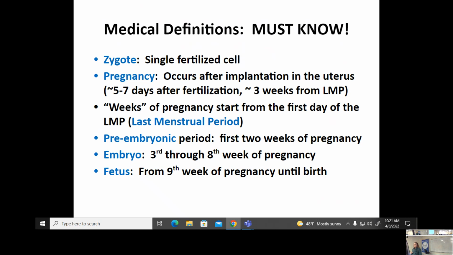Baby's not actually a medical word; even after it's born, it's the neonate. Or they might call it fetus if they have a little bit more medical background, but these are the medical terms. So you've got 3 to 8 weeks is embryo, fetus is 9 weeks until birth, which can happen at different times depending on how the pregnancy goes. So those stages and definitions are useful to know.